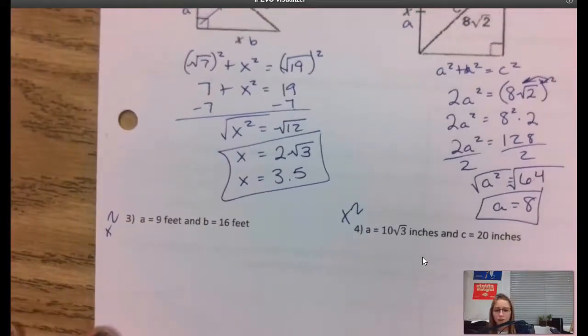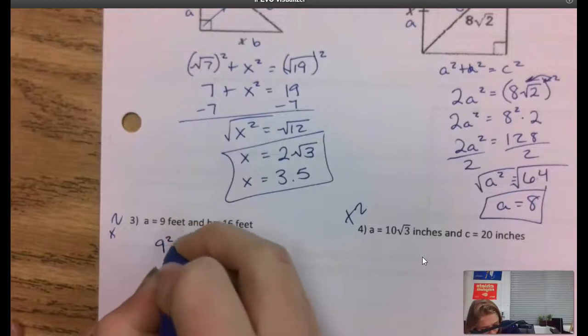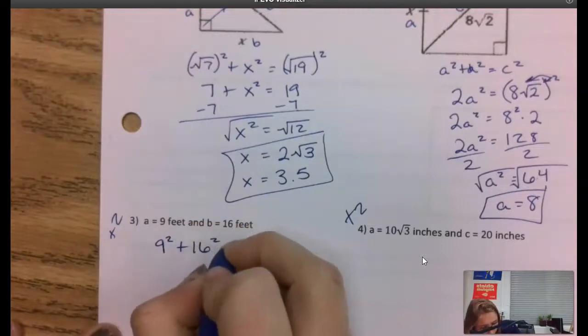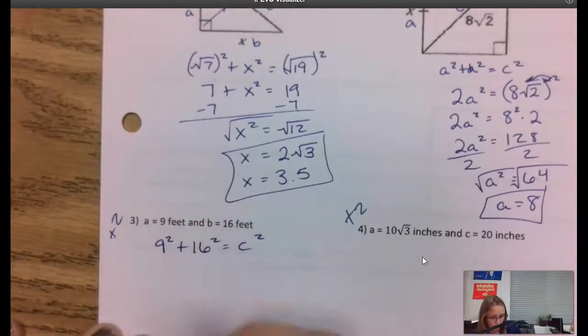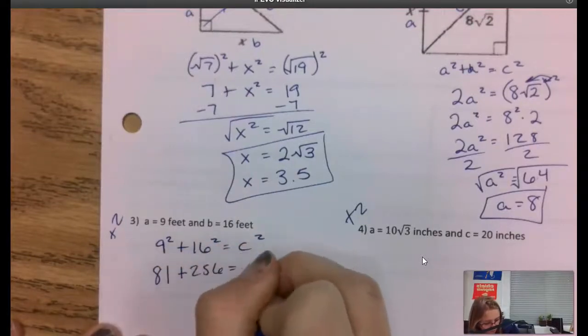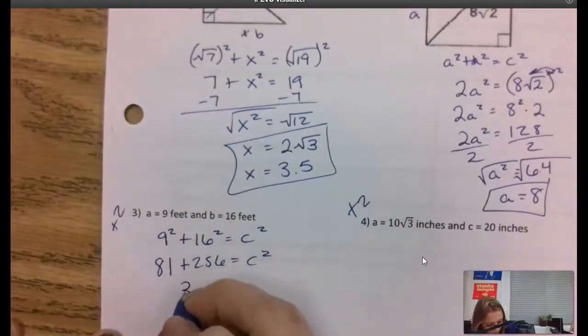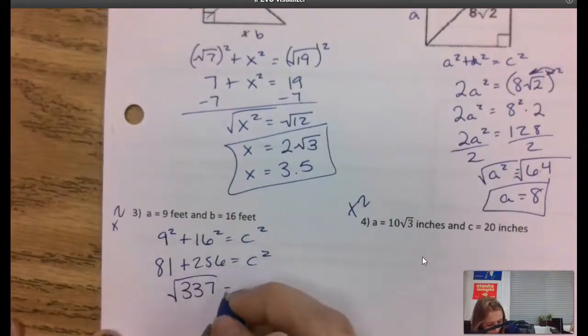Alright, so here we go. 9 squared plus 16 squared equals c squared. 81 plus 256 equals c squared. If we add those together, we get 337.